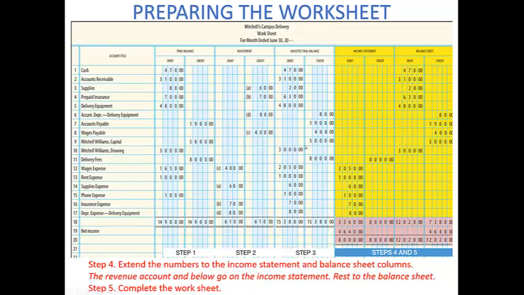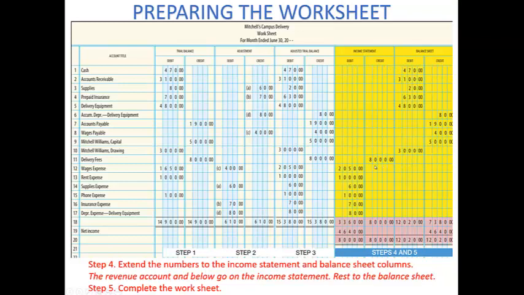So one little tip is to find your revenue account, and from that revenue down will be on the income statement. All other accounts go over to the balance sheet. Keep in mind that an account will never have a balance on both the income statement and the balance sheet. It's going to be either or.